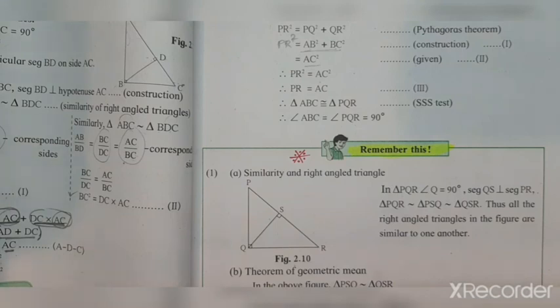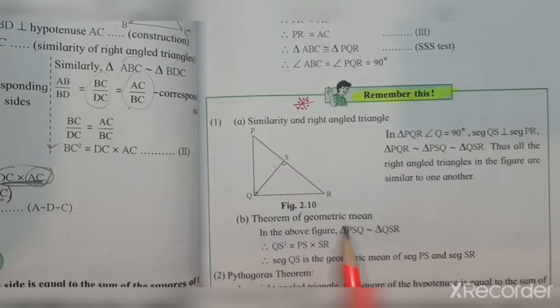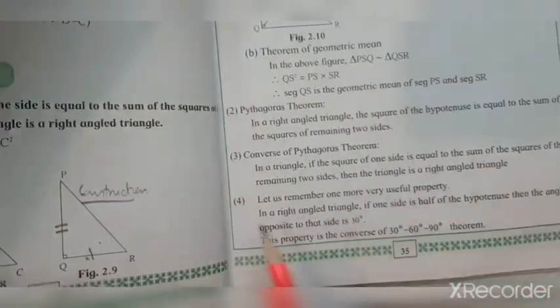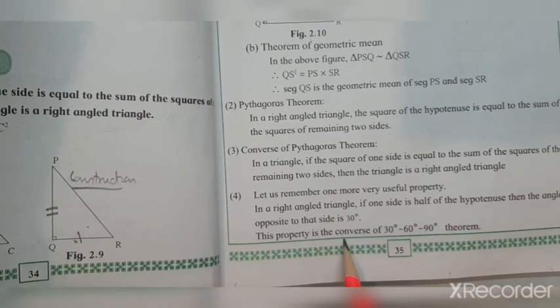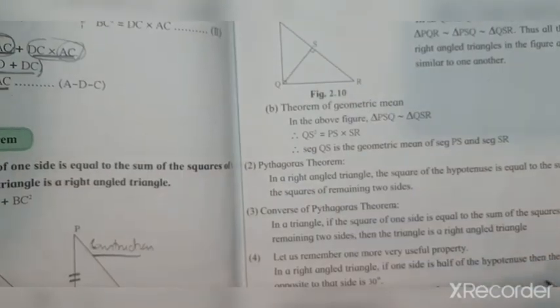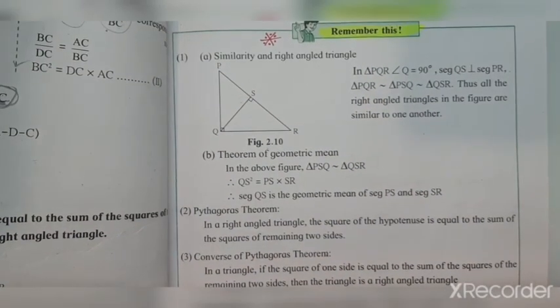They have given you the similarity of right angle triangle property, then geometric mean, Pythagoras theorem, converse of Pythagoras theorem, and the property of 30 degree, 60 degree, 90 degree and 45, 45, 90 degree also. Okay. So the converse of Pythagoras and all these, see that you go through this properly.